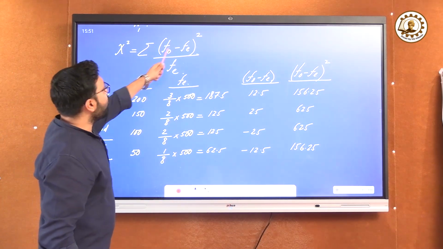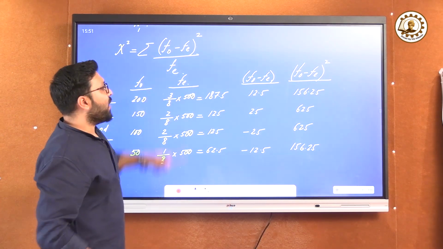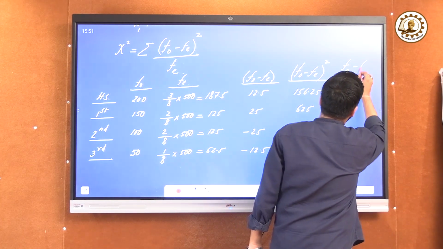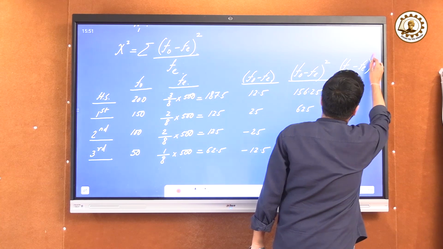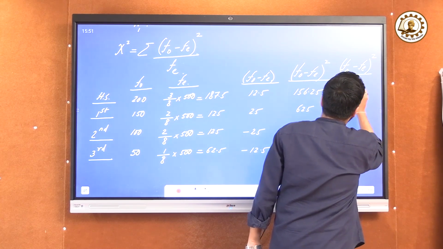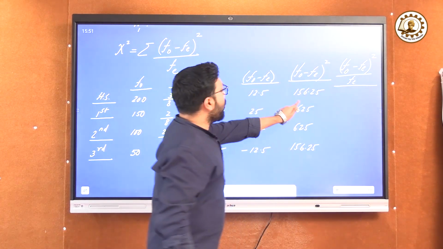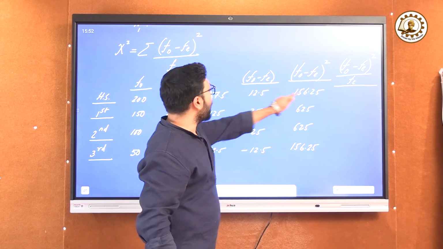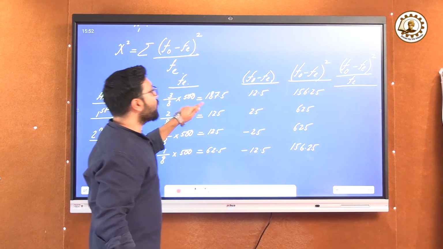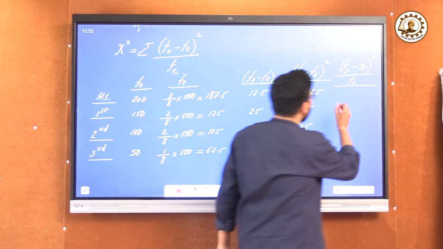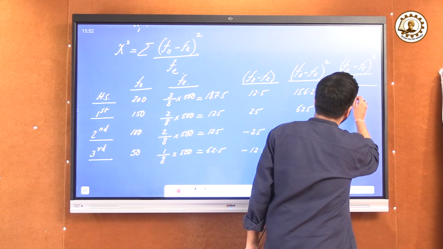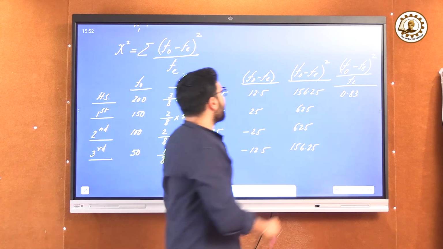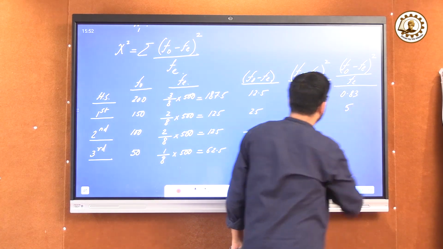Now look at the last part. It is FO minus FE whole square divided by FE. So I will compute in the same way FO minus FE whole square by FE. So FO minus FE whole square, we already have got this value 156.25 divided by FE is 187.5. So you will get something like 0.83. Then it is 625 divided by 125, which comes 5.